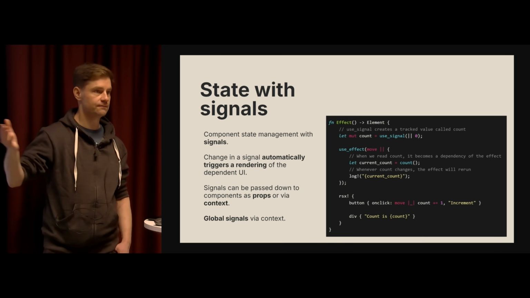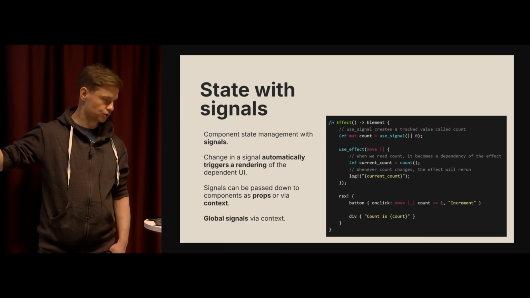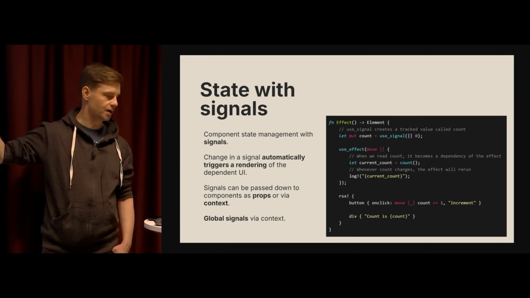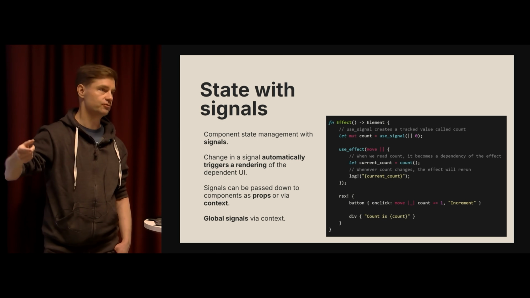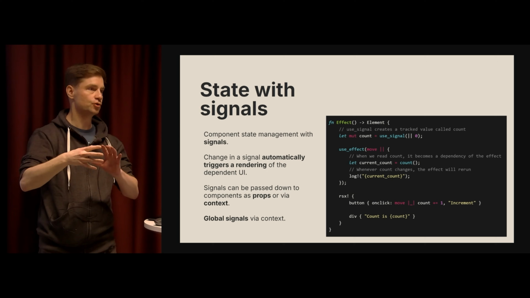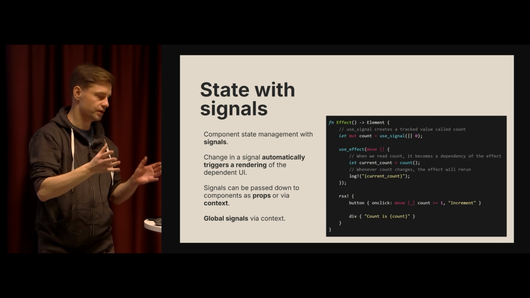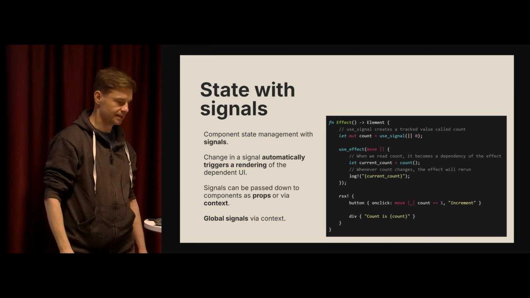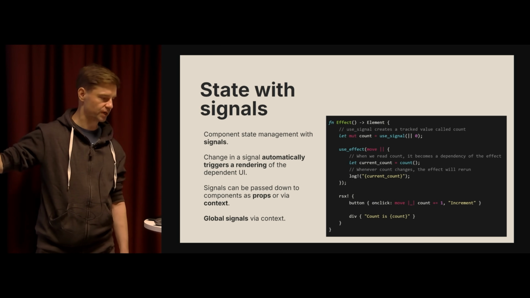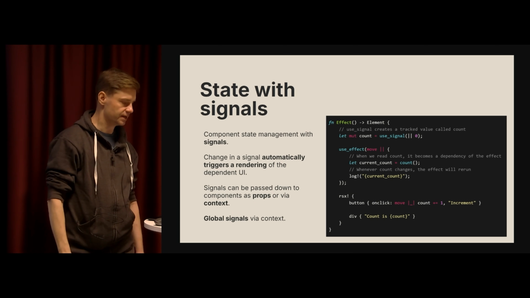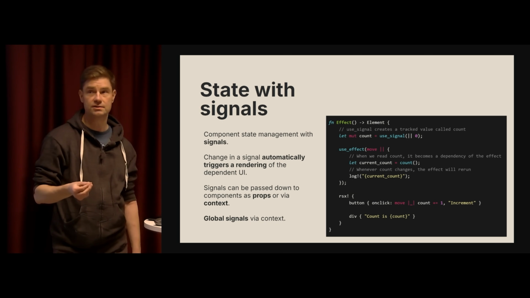Because the use effect closure is calling count, so it's using the signal, whenever the count changes, this effect is rerun. And all of this happens automatically so that you don't need to manage the state manually. And then in a button press, you can just increase the count and then display the count, and it just works very, very easily.